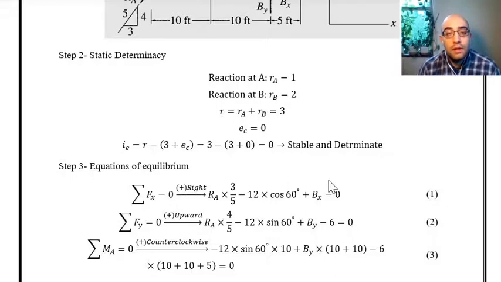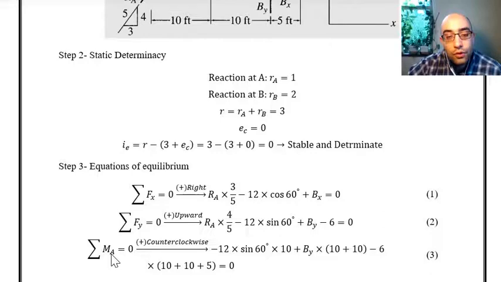Based on the knowledge that we have in mathematics, we know that having two equations and three unknowns will not give us the value of the forces. So let's write the third equation, which is summation of moments about a point in the structure equal to 0.